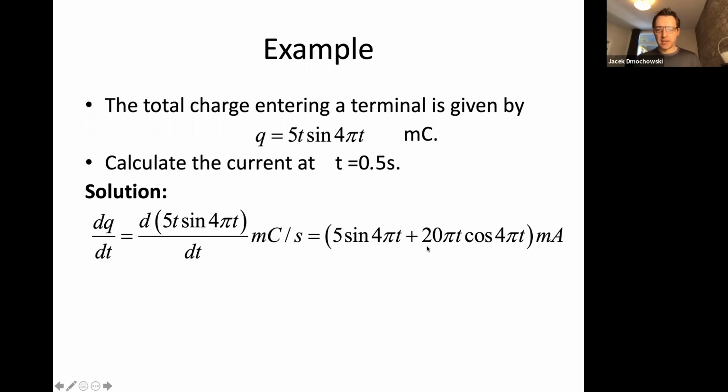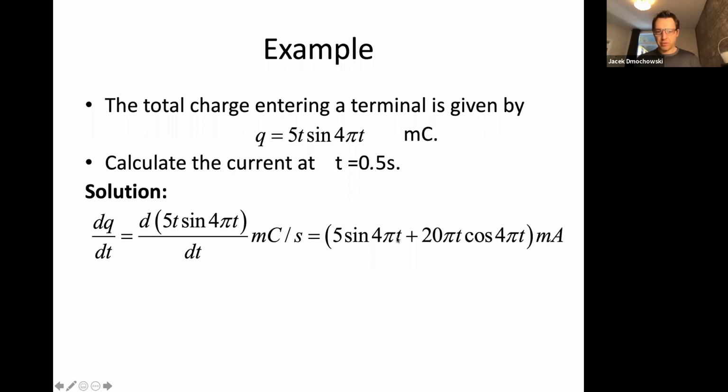And when you combine that, the first term in the product rule is 5 times sine 4 pi t, and the second term is 20 pi t times cosine 4 pi t. All of this is in milliamperes because our charge was given in millicoulombs, so differentiating doesn't change the prefixes.